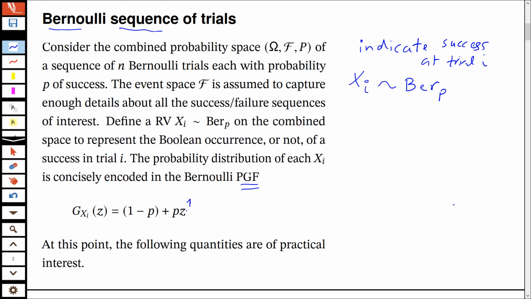So this one, as an exponent of 1, is one possible value representing the success with an associated probability p of success. And this one here means that the exponent of z is 0. 0 encodes the failure in the language of Bernoulli, and the associated probability with failure is 1 minus p. So you can see that the PGF tells you the whole story of each and every Bernoulli random variable associated with the trials.